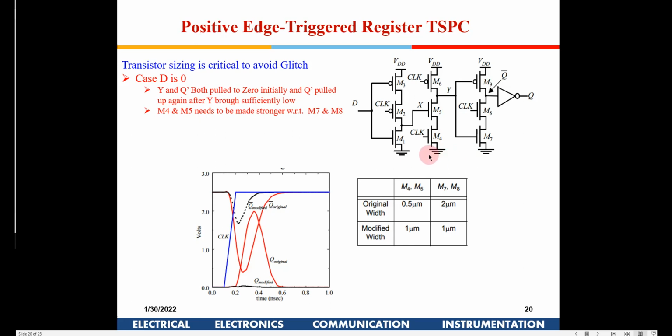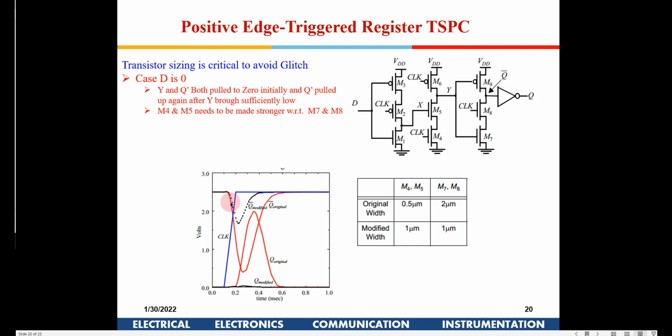Now here there is another small issue which we have to see. The sizing is critical in this case. If you see here, suppose this is pre-charged to 1 when the clock is going high. Since it is 1 here, it is 1 here, and this clock is going high, this node will start falling down.